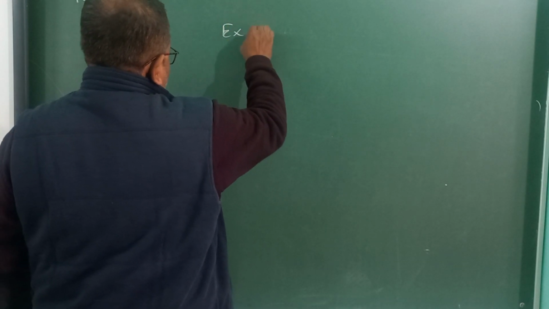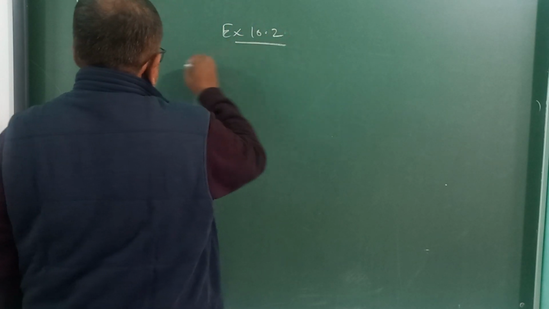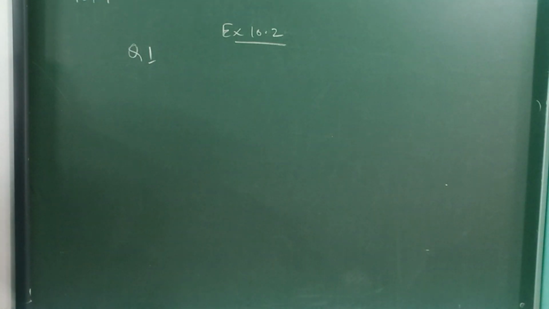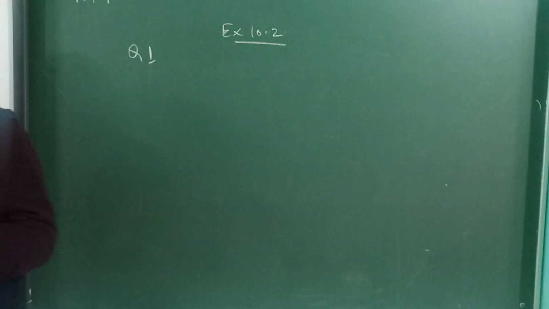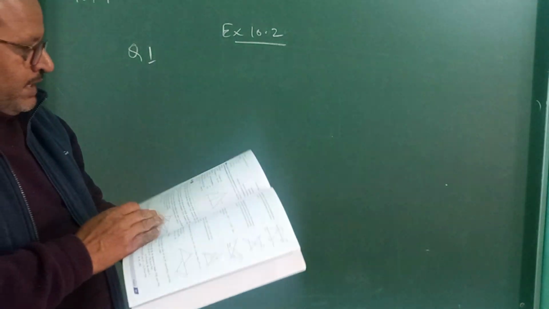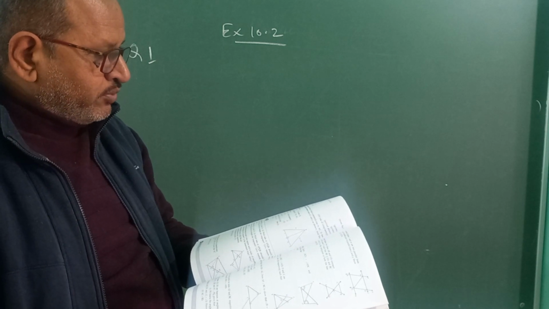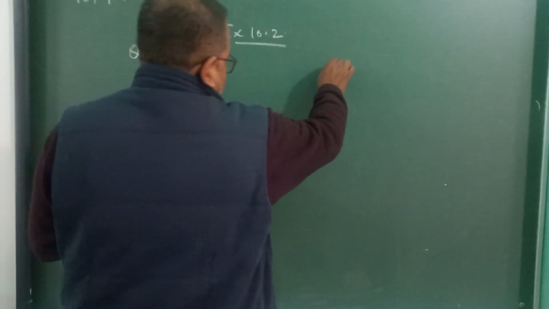So exercise 10.2, question number 1. It is given in triangle ABC and triangle PQR. So draw the figure.